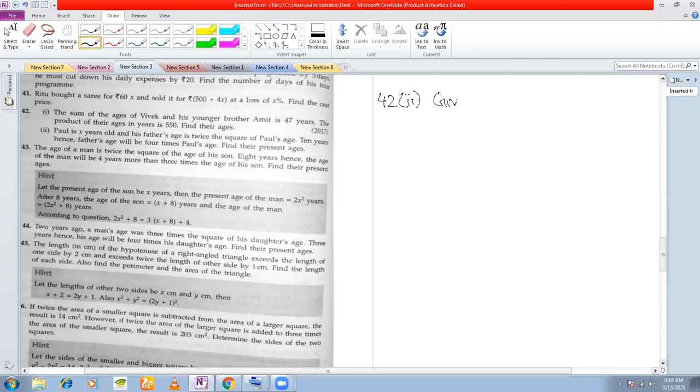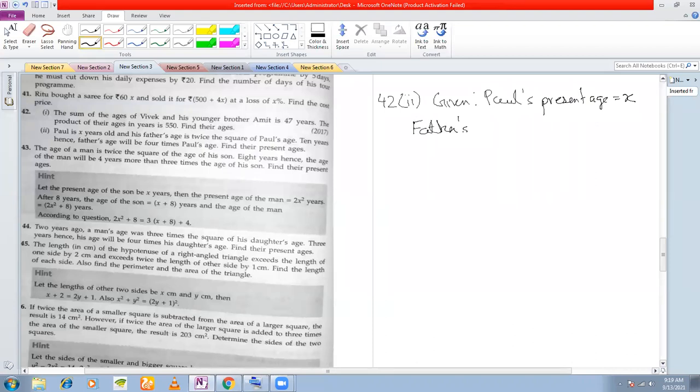So given here, Paul's age is equal to X. Let's say present age. And father's present age. Paul's age is X years. Father's age is twice the square of Paul's age.